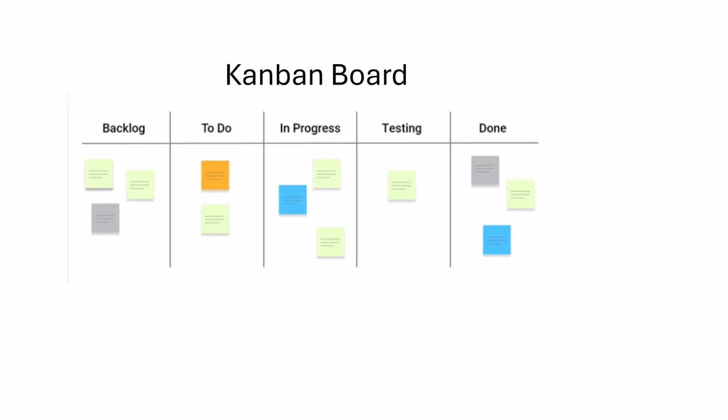I'm spending more time on this just to make sure that you understand it. Let's say you have a business with plumbers, or a mechanic shop, and you have many cars that need to be fixed. While the cars are waiting to be fixed, they are in the To Do section.